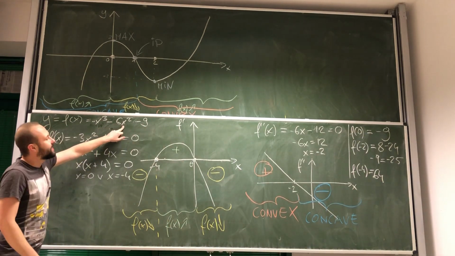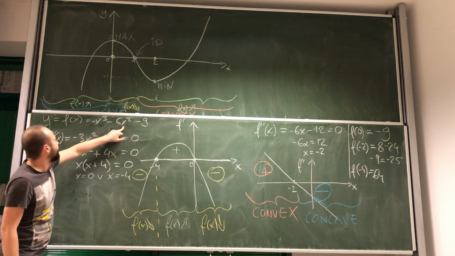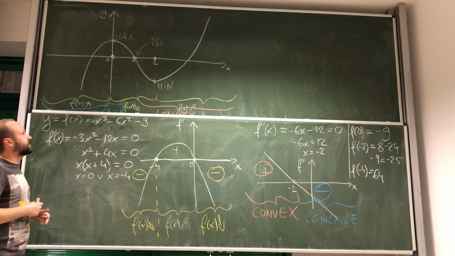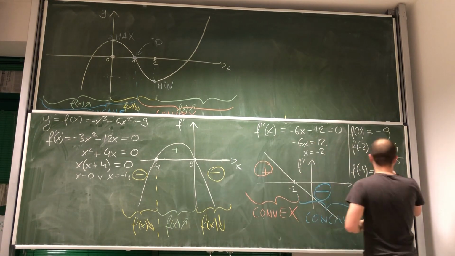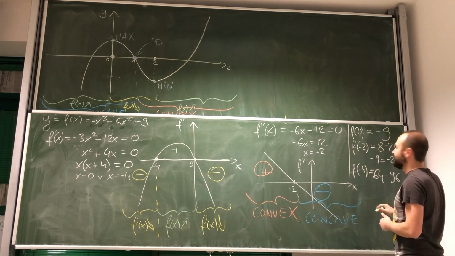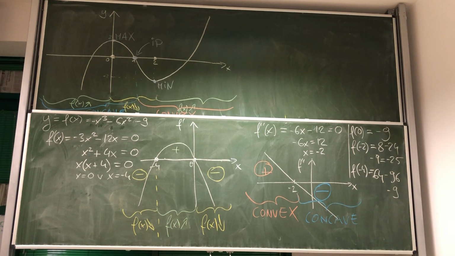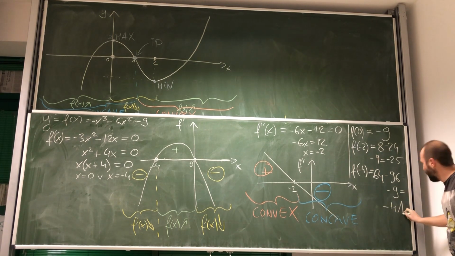Then we've got 16 times negative 6, which is negative 96, and minus 9. Okay, so out of this we get negative 32. Negative 32 minus 9 is negative 41.